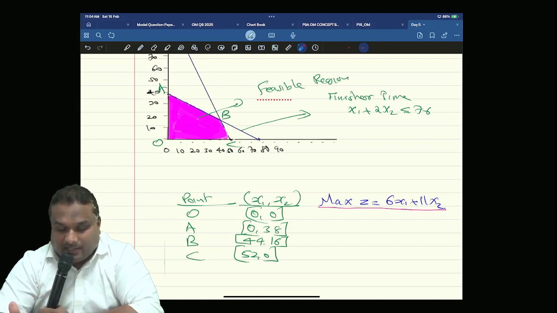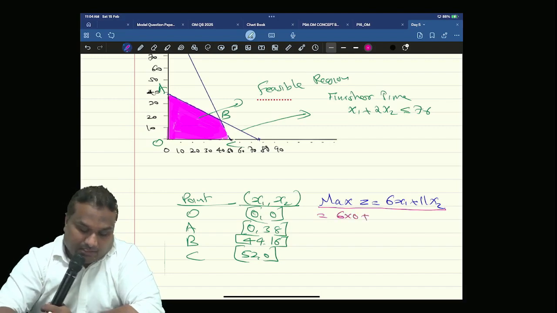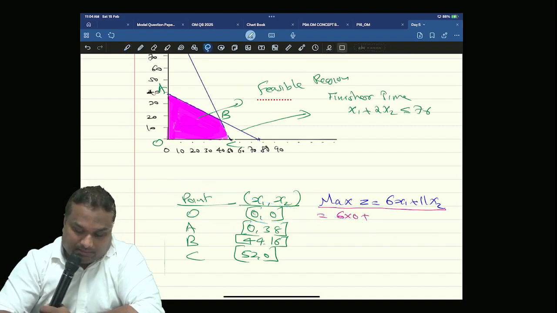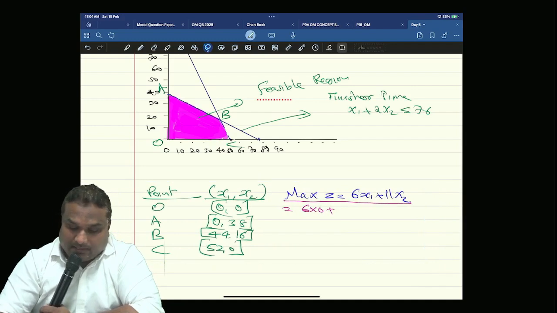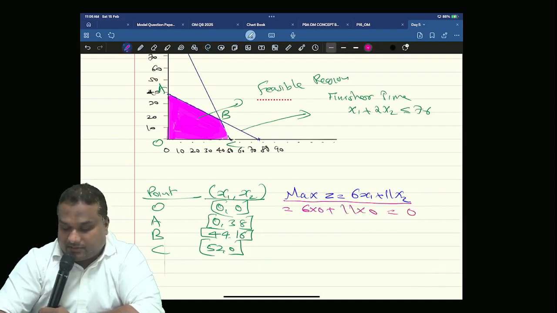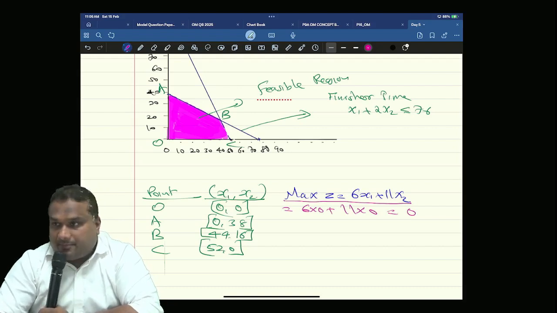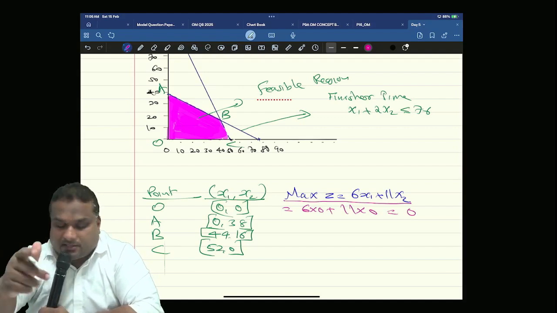Are you okay? Now, can I continue? The profit is 6 into 0 plus 11 into 0. What is the profit? 0. At point A, you are not producing lamb A, you are not producing lamb B, so your profit will be 0.